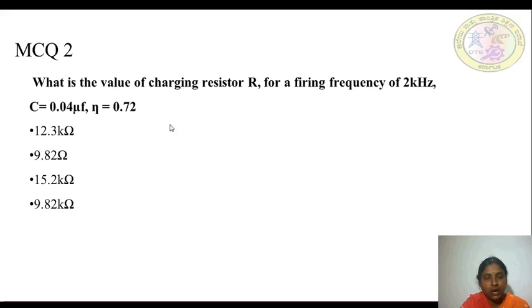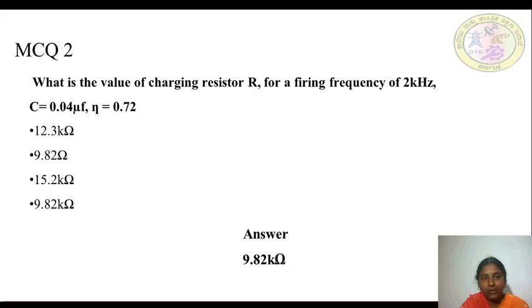So for this you have to apply the formula which I have derived in the previous slide, for the charging time requirement of the capacitor, T value. So the answer is 9.82 kilo ohms.